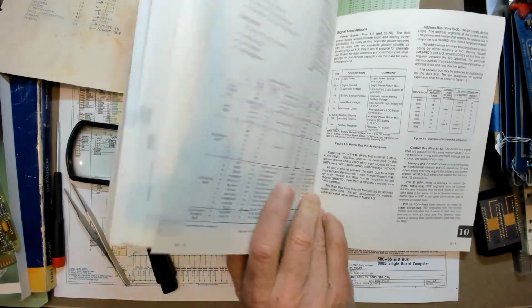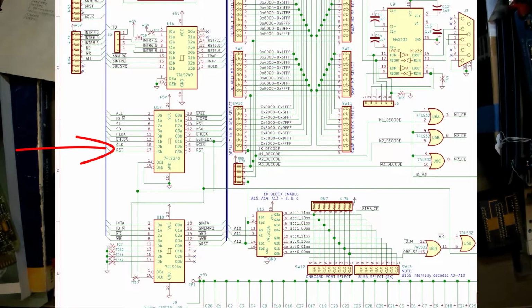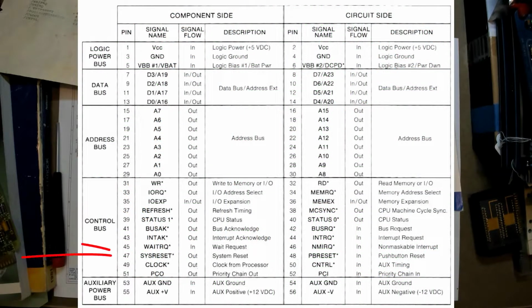Now for the system reset, that's a bit of a special case. On this board, the 8085 reset output signal is first inverted by this 74LS240, and then it's buffered and tri-stated by the 244 to become the system reset on pin 47. In the original specifications, this system reset is just listed as being exclusively controlled by the bus master, but tri-stated by an asserted HLDA.